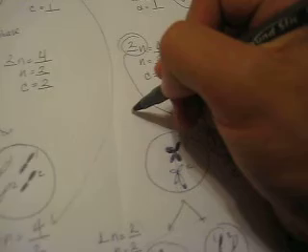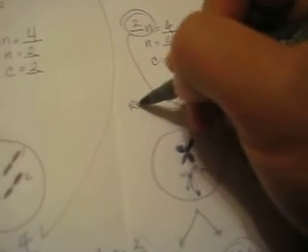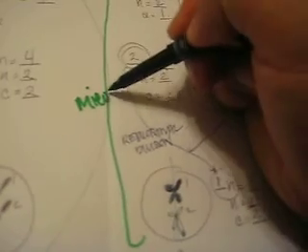Alright, now, this change from diploid to haploid is called the reductional division. And the reductional division occurs in meiosis 1. So this whole thing is meiosis 1, okay? So that's when the reductional division occurs.